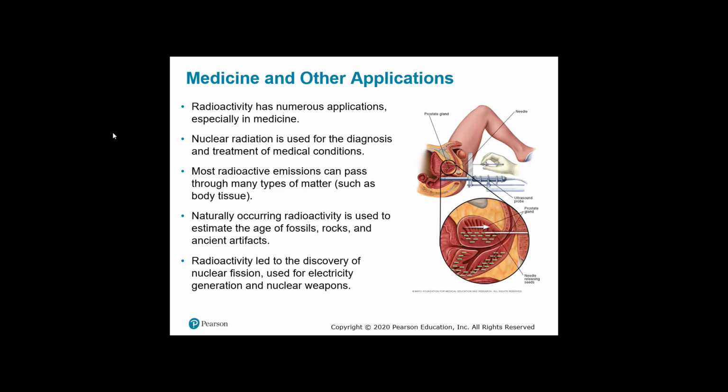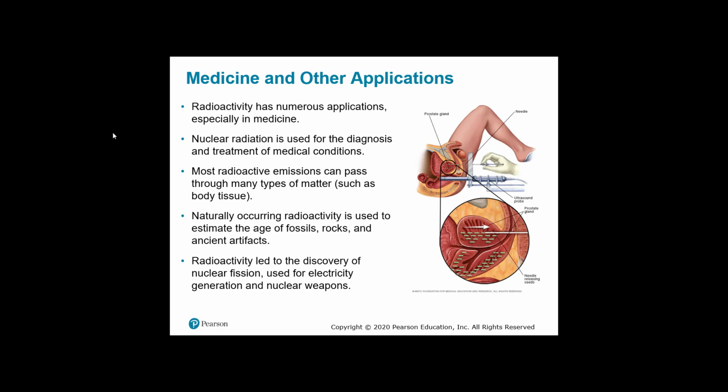We're going to cover various applications in the last section. Radioactivity has numerous applications for diagnosis and treatment of medical conditions. I'll discuss this picture that I put up. This is not in your book. I took this picture from another slide that I teach for another chemistry class. Most radioactive emissions can pass through body types.